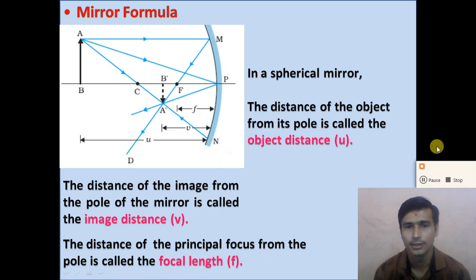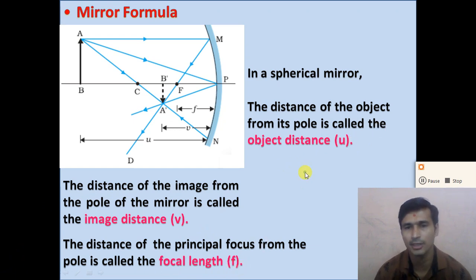So dear student, the relation between object distance u, image distance v and focal length f is called the mirror formula. So the mirror formula is a formula which relates the object distance u, image distance v and the focal length f. So what is the mirror formula? The mirror formula is the relation between object distance, image distance and the focal length.